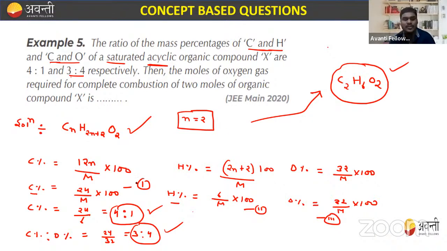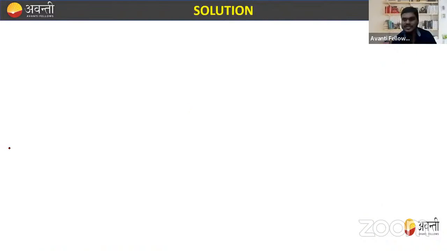Now, how will you write the oxidation reaction, the combustion reaction? We know that here the compound is C2H6 and this is nothing but O2. The combustion reaction is written with O2, so just balance the equation.